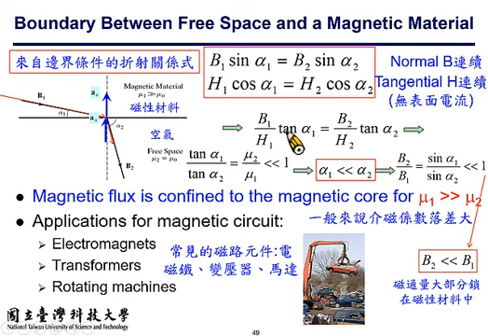It's very, very small. One thing you need to keep in mind is that for magnetic and non-magnetic material, the difference in permeability mu is usually on the order of 1,000 or larger.